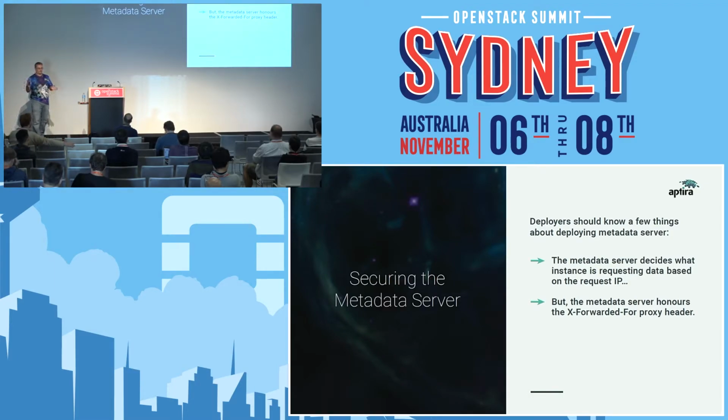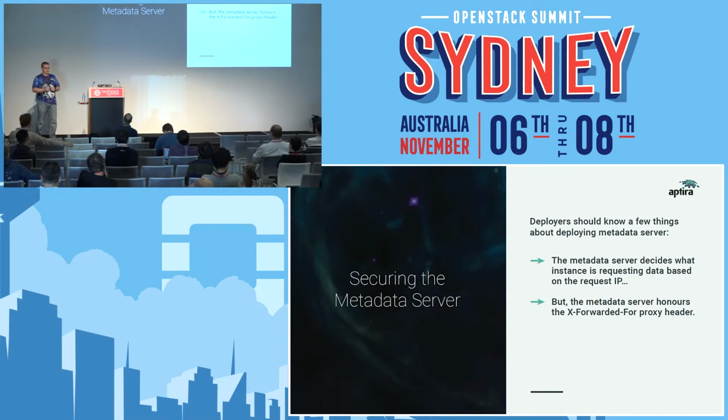And this is like a standard thing that proxies do, and the Metadata Server will use that header if it's present to decide what instance to provide data with. Now, I'm sure most of you can see the security vulnerability there. If I don't have a proxy, then my instance can just add an X-Forwarded-For header to the request, and ta-da, I know your root password, SSH keys and all of that kind of stuff, which is probably bad.